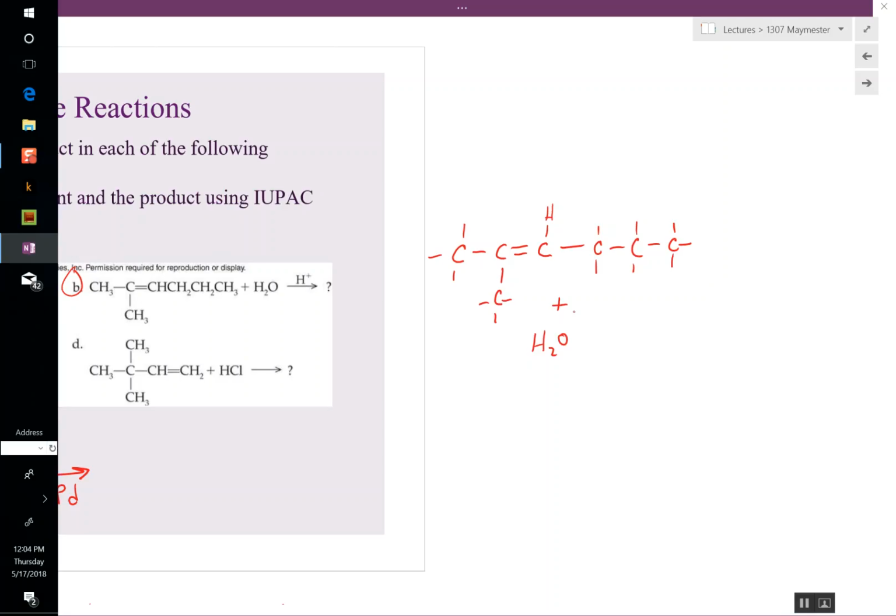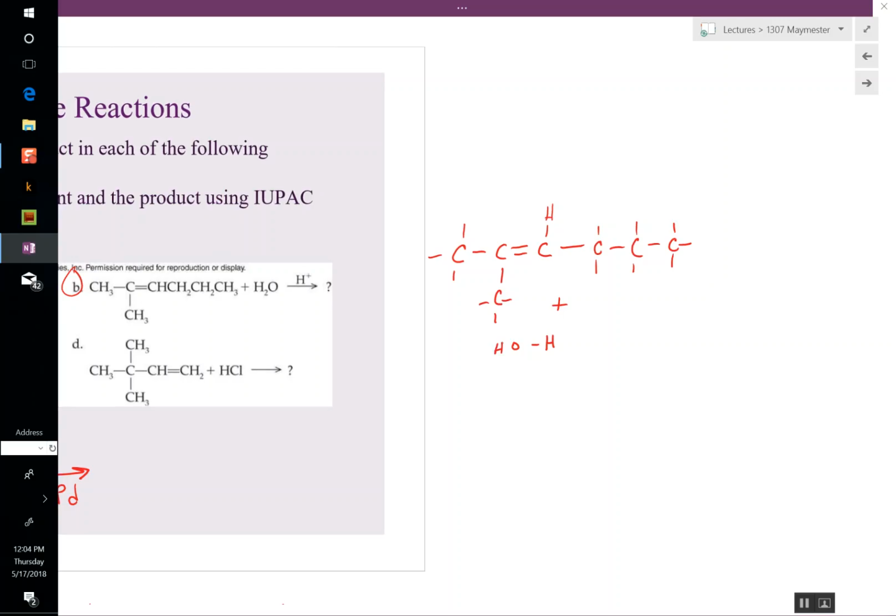Markovnikov's rule tells us, what does it tell us? The hydrogen is going to go to the carbon with the most hydrogen. So here's an H, OH. Look at this carbon here. This carbon here has no hydrogen on it, 0. This carbon has 1.